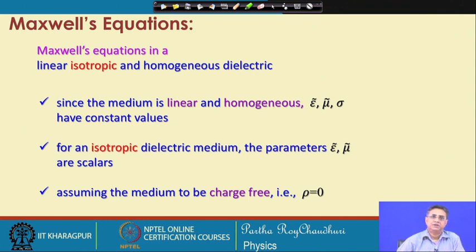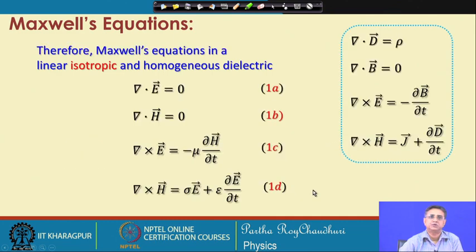Assuming the medium to be charge free, that is, there is no free charge in the medium, which is the most common case, we put rho equal to 0. Putting rho equal to 0, this equation becomes this, because del dot D is simplified to epsilon times del dot E, where epsilon is a constant. Similarly, del dot B has also been simplified, because mu is again a constant.